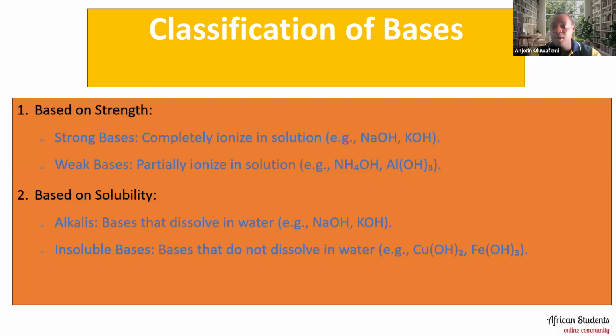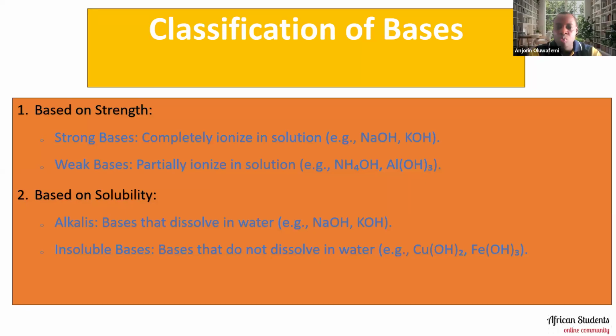Now, a weak base on the other end will partially ionize in solution. So you can see a clear-cut difference now. A strong base will completely ionize in solution, a weak base will partially ionize in solution. Examples of weak bases include ammonium hydroxide, aluminum hydroxide, and so on and so forth.